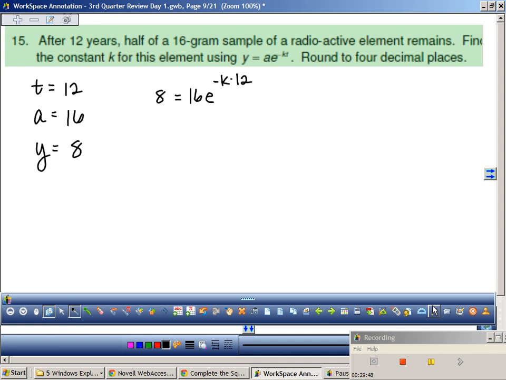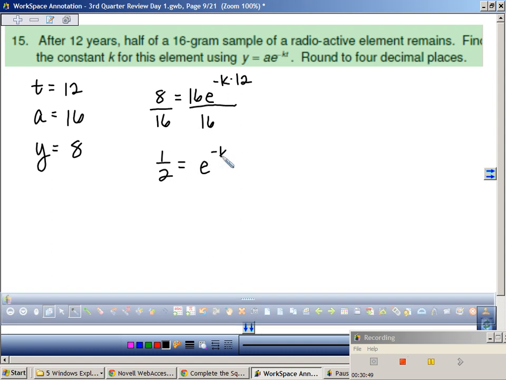Okay. All right, so let's divide by 16. So I get 1/2 equals e to the negative K 12. Can I do anything else with this? I can't do anything else with this. What am I going to do? Change it, right?